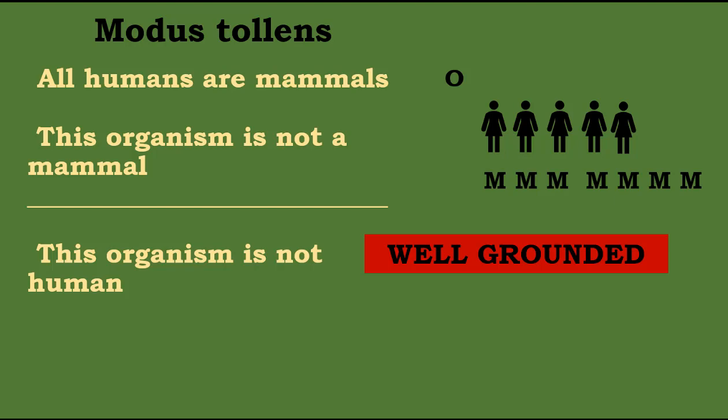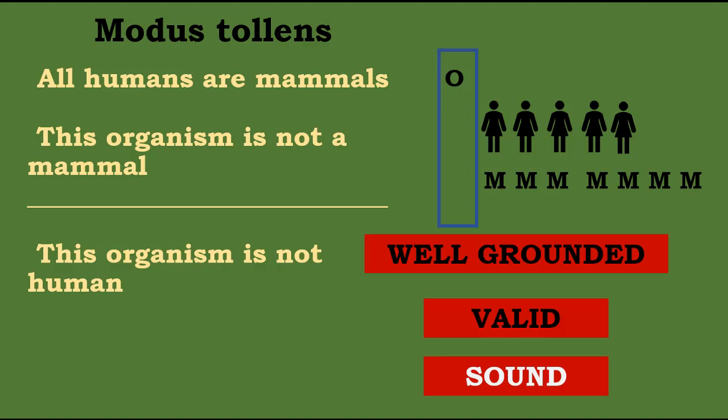And if you cannot align this O with any of the M's, it means that it will not be aligned with humans either. So we can establish that this organism is not human. So this modus tollens is a valid argument. In this case it's also well grounded, so it's a sound argument.